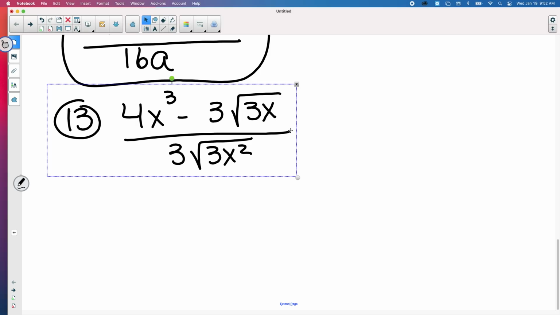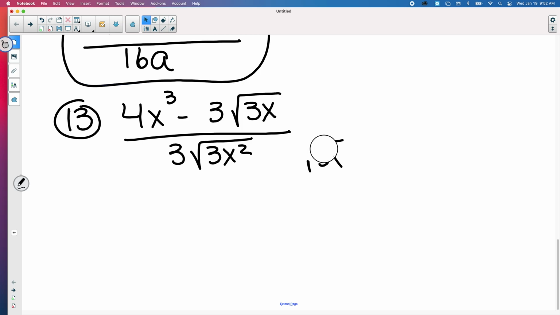So, multiply top and bottom by radical 3. Guess you could simplify this on bottom first. Bring the x out, so it would be 3x radical 3. Then you would only have to multiply top and bottom by radical 3. Might help a little bit.